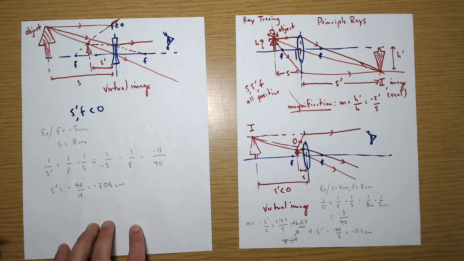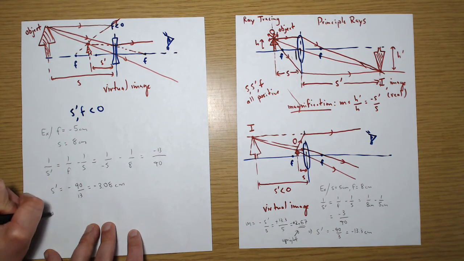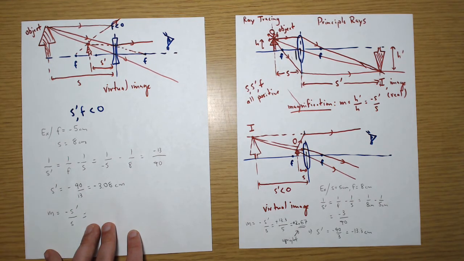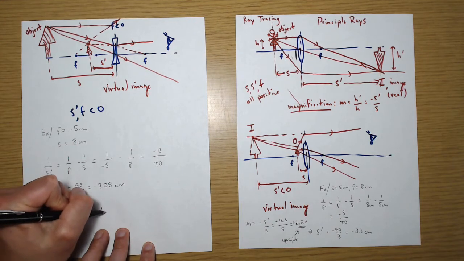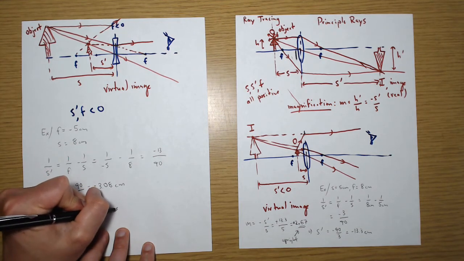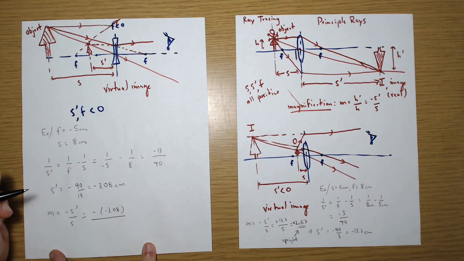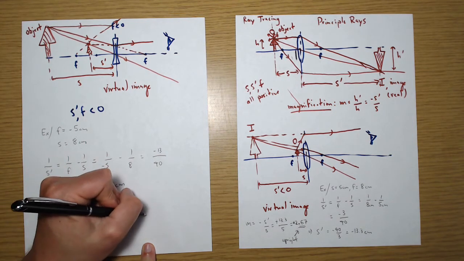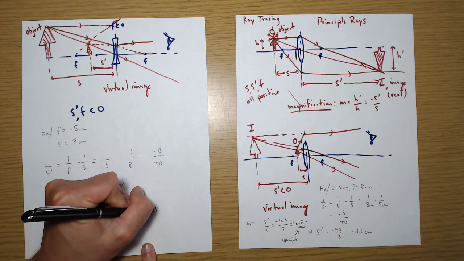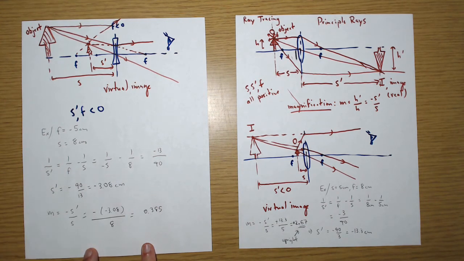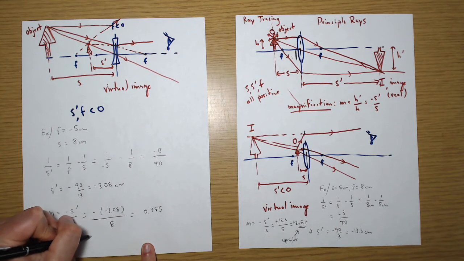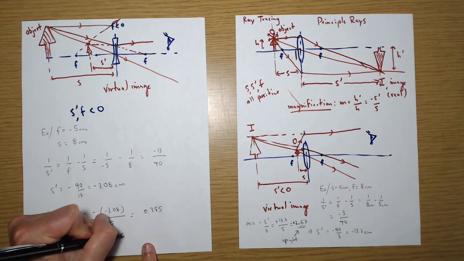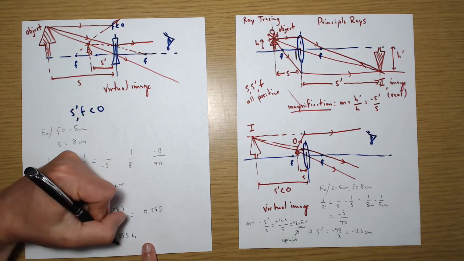And what about the magnification? Negative s prime over s. So negative 3.08 divided by s, which is 8. I get 0.385 for my magnification, which means I could calculate my h prime. H prime is just going to equal 0.385 times whatever the h is.